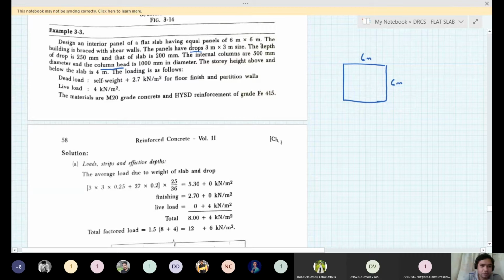The building is braced with shear wall. The panels have a drop of 3 meter by 3 meter size.